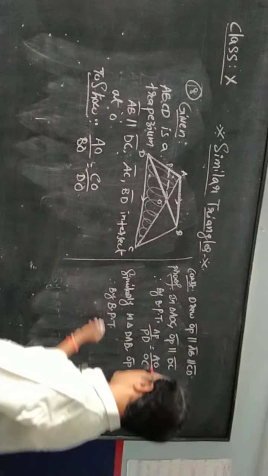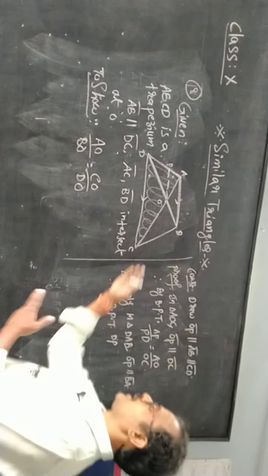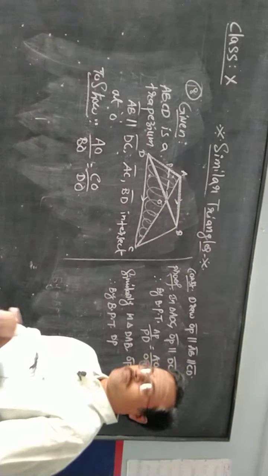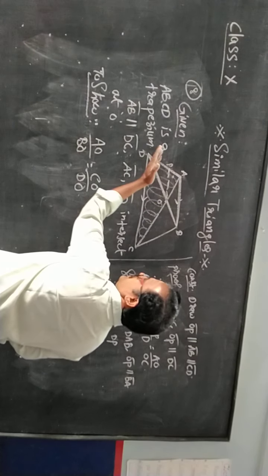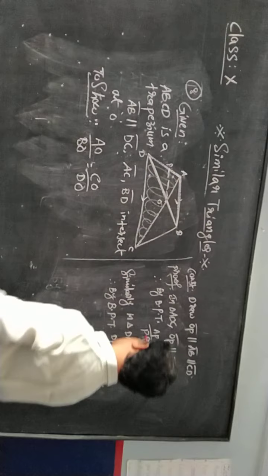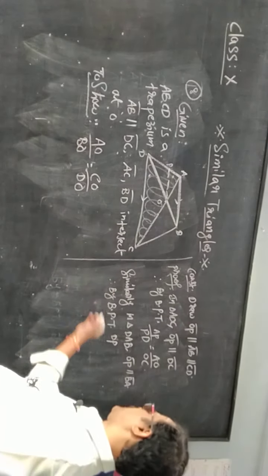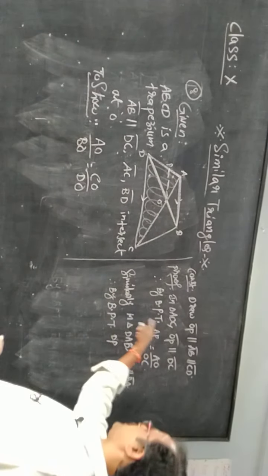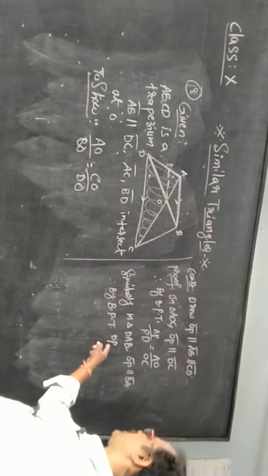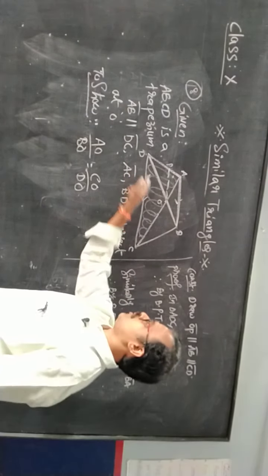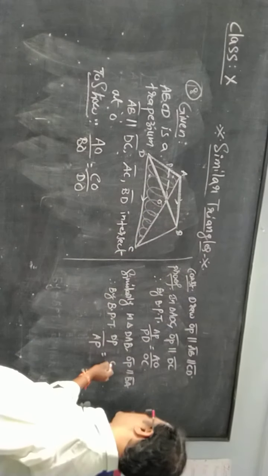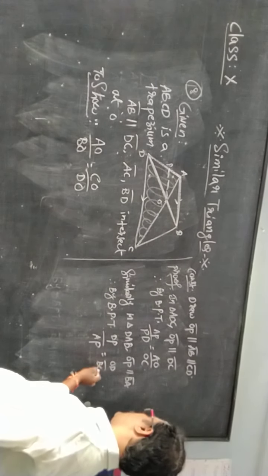DP by PA. No, you should not take AP by PD directly, because you have to observe the vertex first. From the vertex you have to take the ratio. Any time that must be taken in that order. So you have to take DP by AP is equal to OD by BO.